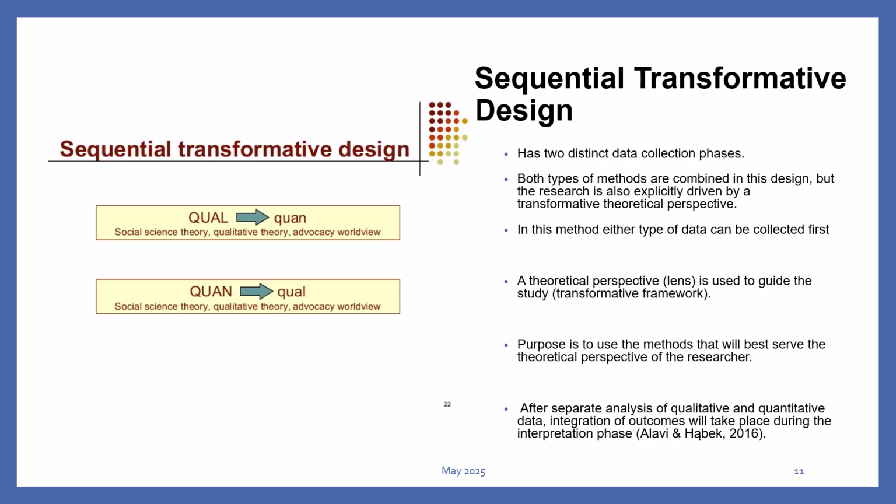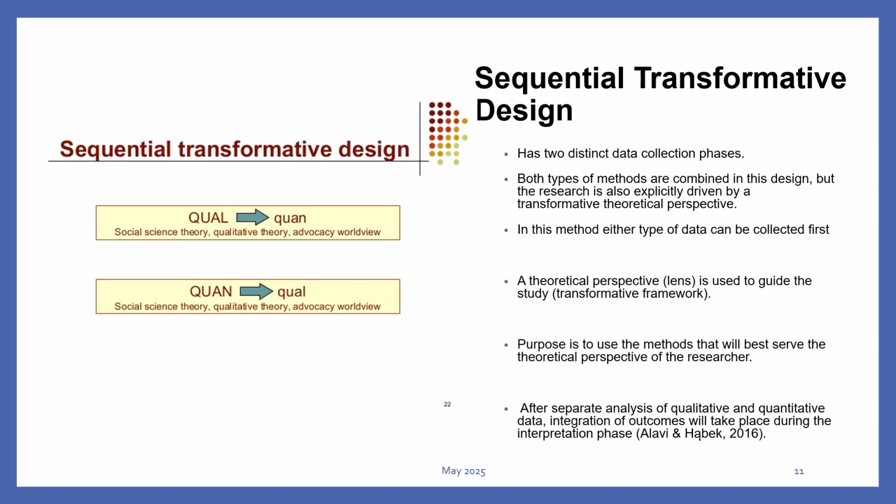So both types of methods are combined in this design. What's important here, or what's different from previous designs, is that here the researcher uses what we call a theoretical perspective to guide the study, which is sometimes called a transformative framework.